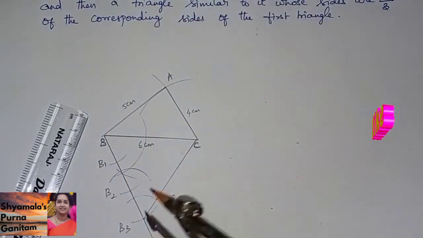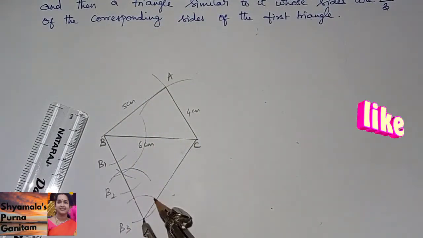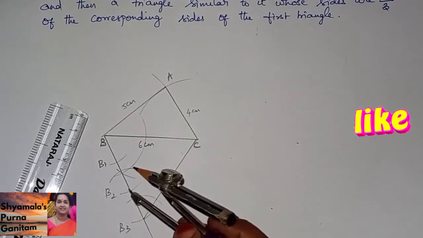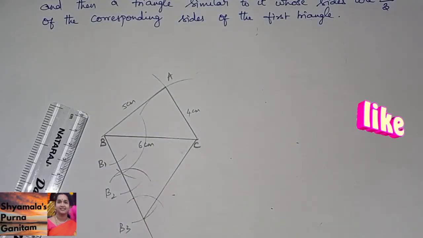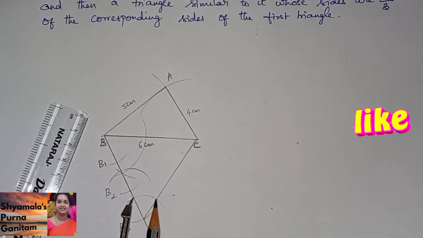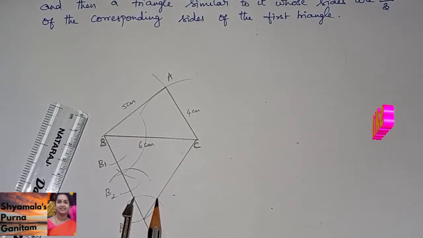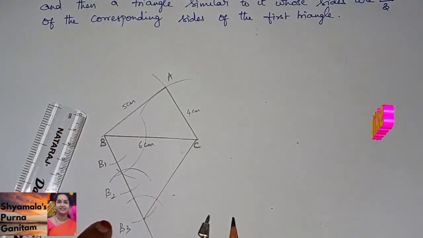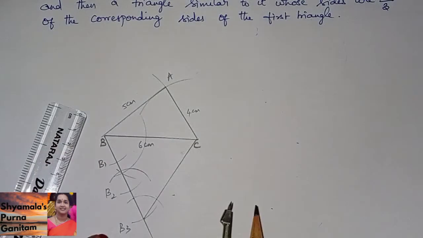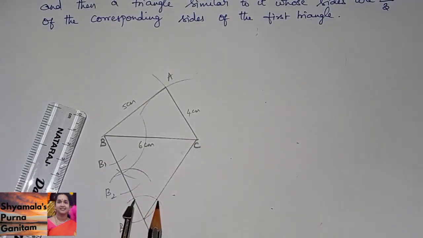So from this point I've cut an arc here. Then from B2, with the same measurement, I've cut another arc. Then this is the measurement of the angle that I got between the two lines, at B3, that is angle CB3.